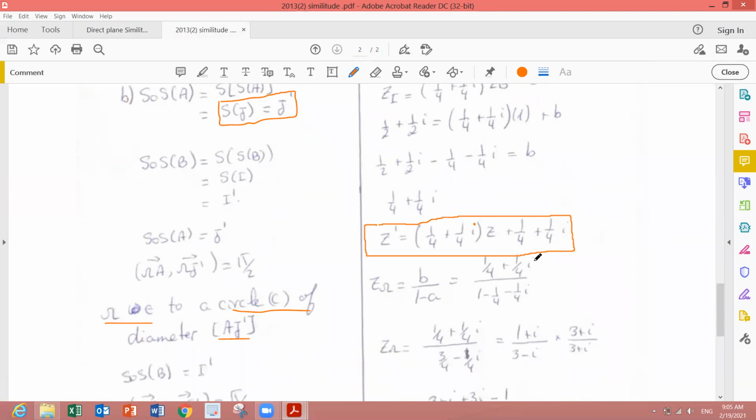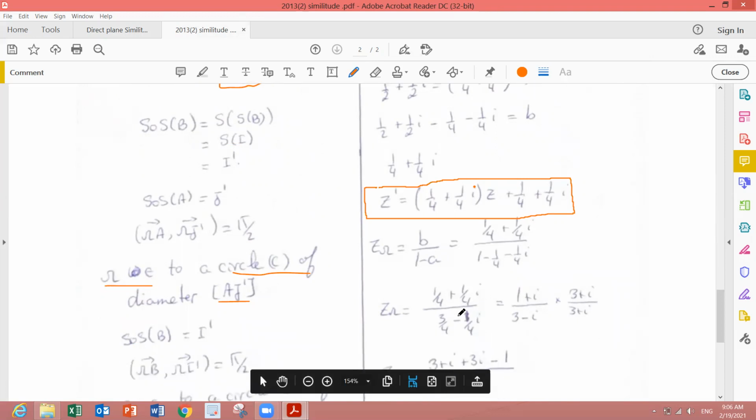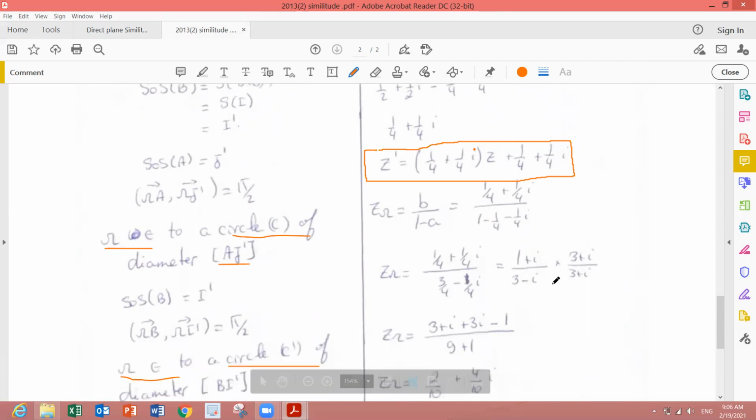Now determine the affix of the point omega. As you know, Z omega equals b over 1 minus a. b is 1 over 4 plus 1 over 4i, over 1 minus 1 over 4 minus 1 over 4i. So 1 over 4 plus 1 over 4i over 3 over 4 minus 1 over 4i. We can remove 4. So 1 plus i over 3 minus i. By using the calculator or by multiplying by the conjugate 3 plus i over 3 plus i.